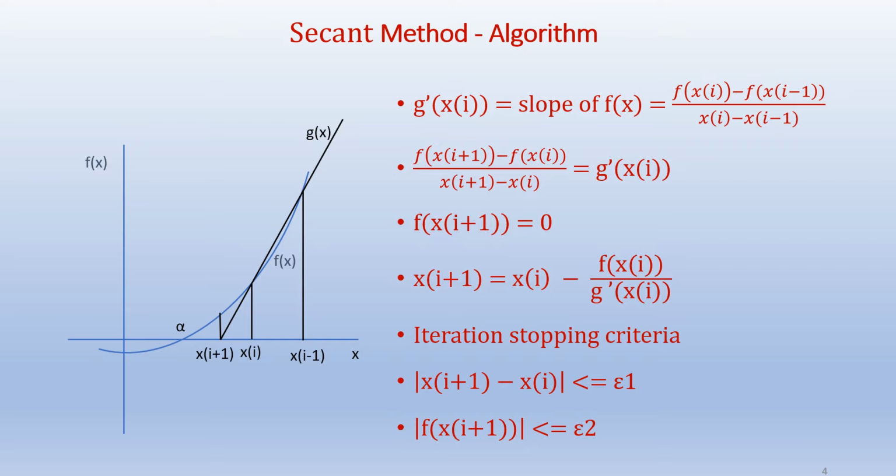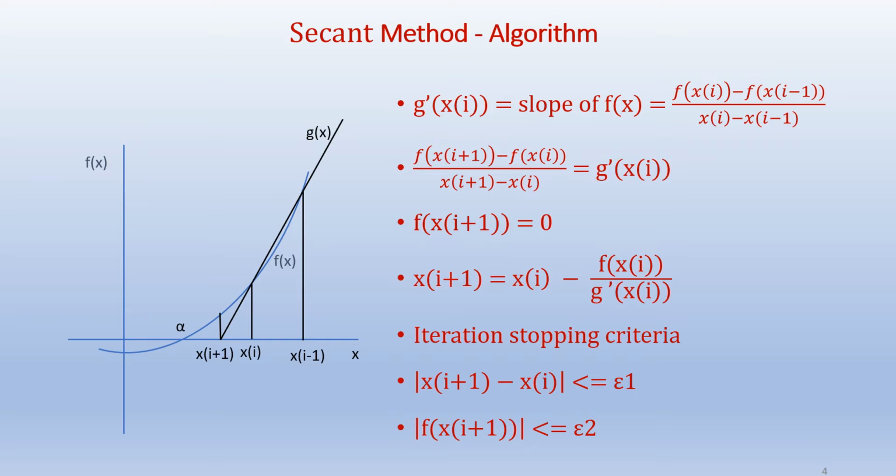From the graph, we can notice that f of x of i plus 1 equals 0. So substitute this in the second equation. We get x of i plus 1 equals x of i minus f of x of i by g dash of x of i. This last line is in the form of Newton's method. But in this case, we can evaluate g dash of x of i using the first equation as shown here.